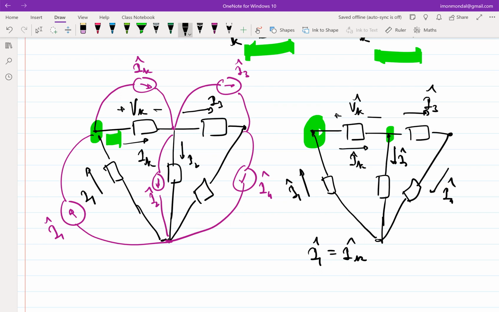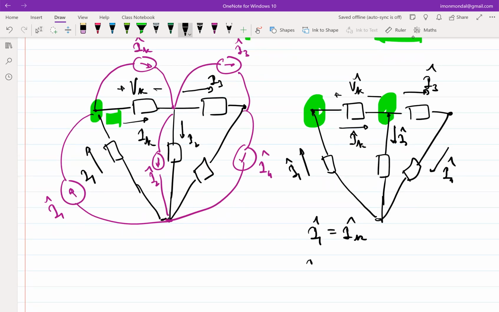Okay. Fine. So let's take any other node. Let's take this node. What does the KCL at this node tell you? This tells you that Ik hat is equal to I2 hat plus I3 hat. Correct? So now look at the corresponding node here. What is the remnant current that is going into any of these elements?